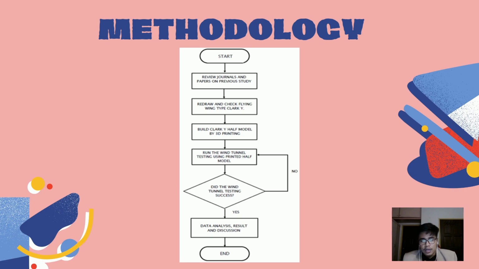If we succeed in getting the data we need, we can go through the data analysis and results and discussion. After that, we end our project. But if not, we need to go back and do more testing to obtain satisfactory data.